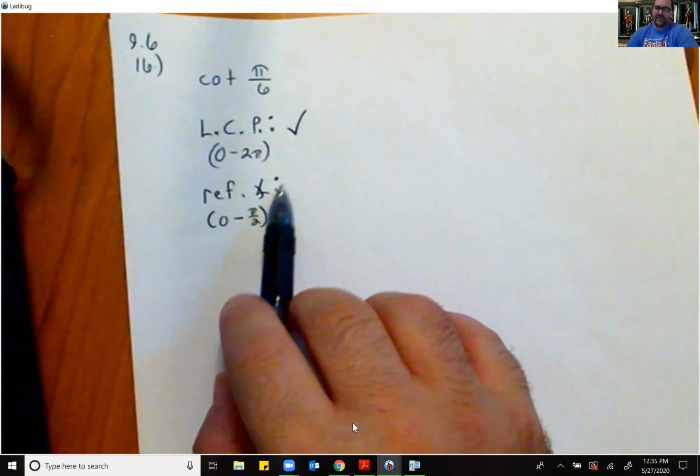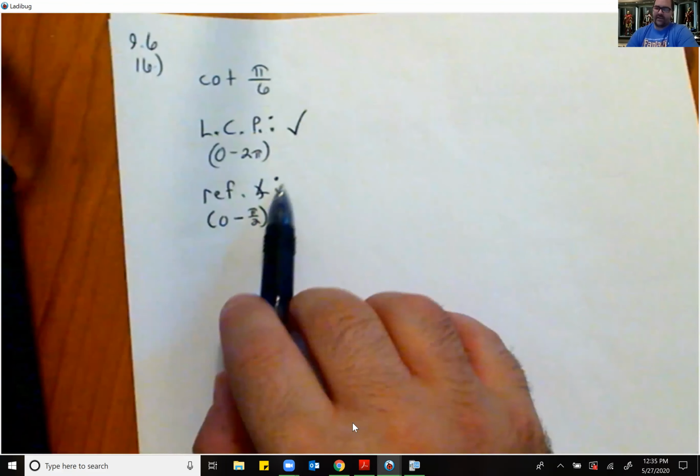And if you were in quadrant 4, you would take 360 degrees minus your angle to figure out the reference angle. And again, 360 degrees would be 2 pi, 180 would be pi. So these are how you figure out your reference angles if you're in quadrant 2, quadrant 3, or quadrant 4. But our angle was already in quadrant 1. So it is the reference angle. So that makes it easy.